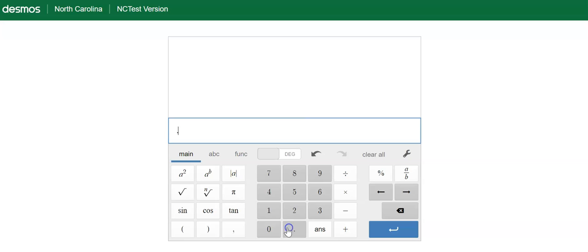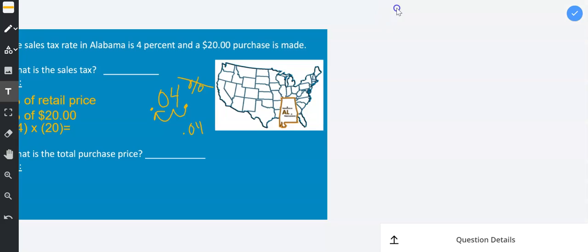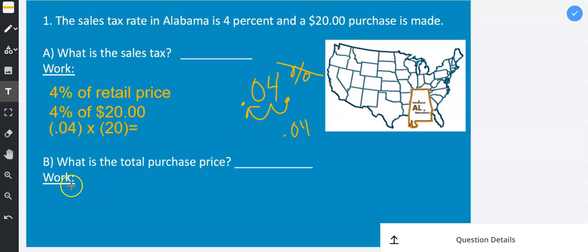And I'll type in 0.04 times $20, and I get 80 cents. So I'll type that here. I need a dollar sign, and then it was 80 cents.